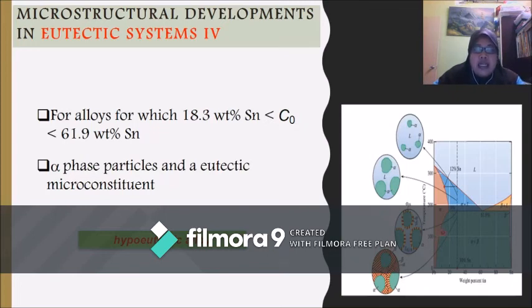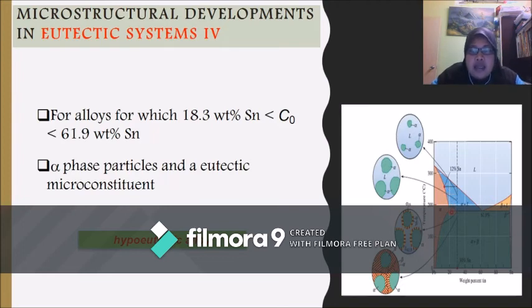A hypoeutectic alloy containing Pb, containing 30% Sn. On reaching the liquidus temperature of 260 degrees Celsius here, solid alpha containing about 12% Sn nucleates. The solid grows until the alloy cools to just above the eutectic temperature.